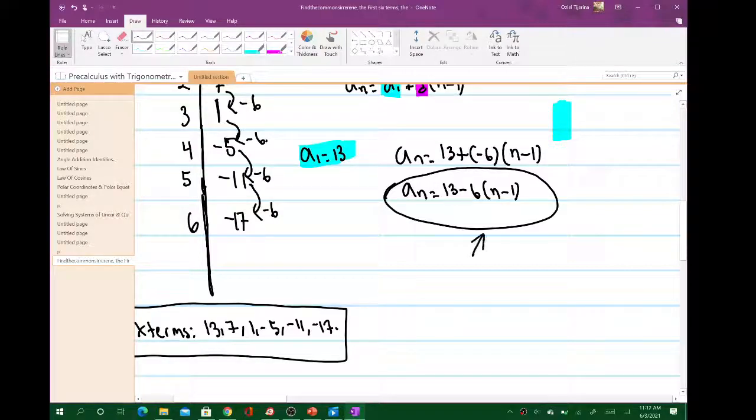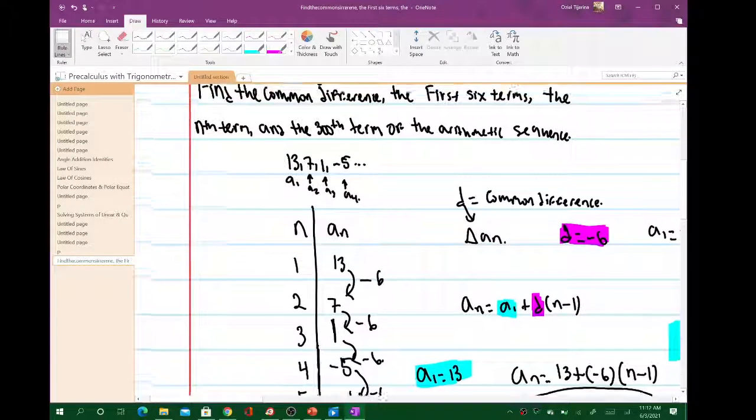So this, in reality, is the nth term. This is also called the arithmetic formula, right?